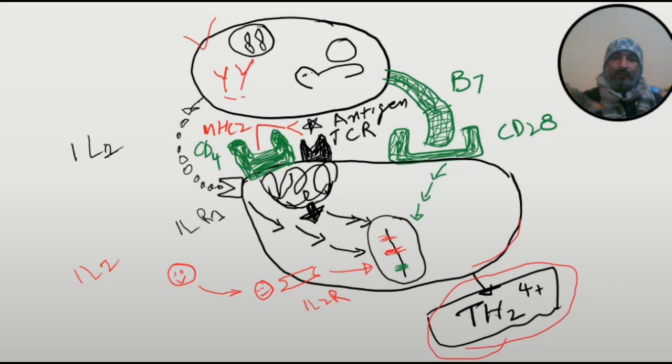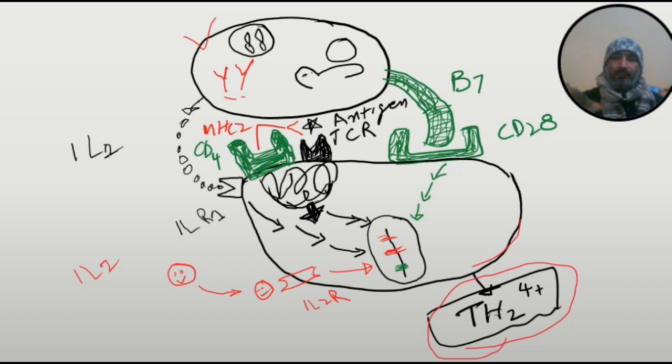So the CD4 receptor binds with the class 2 molecule, and this star antigen binds with the TCR receptor, so both receptors will be activated, and this will send a signal to the nucleus.